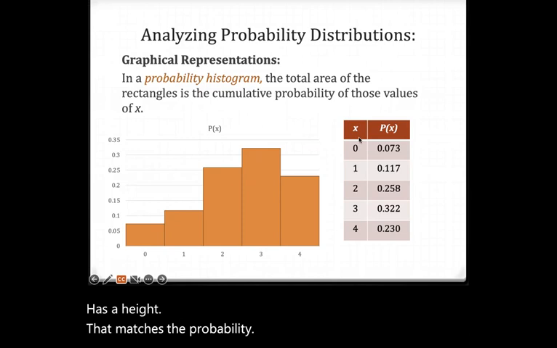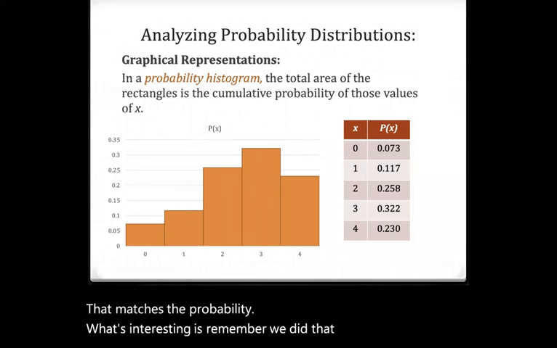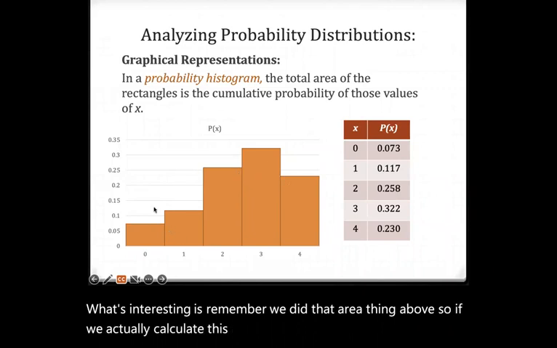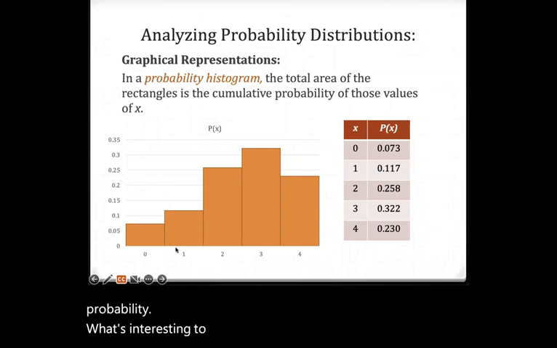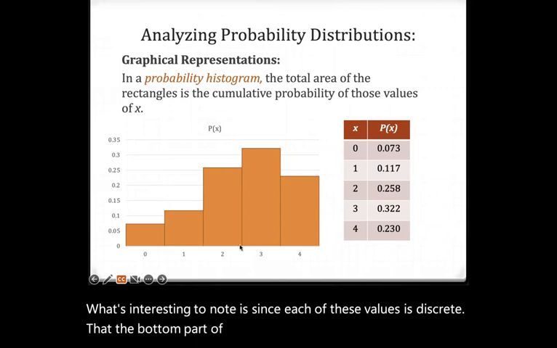Now, what's interesting is, remember we did that area thing above? So if we actually calculate this as an area under the curve to get the probability, what's interesting to note is since each of these values is discrete, the bottom part of each rectangle is 1.